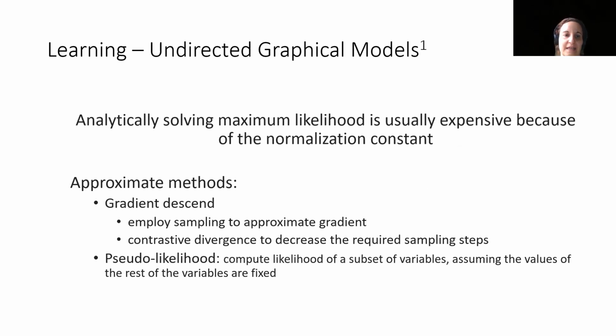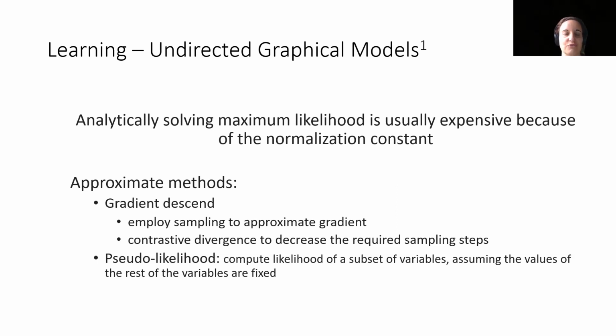And in the case of learning, this normalization constant cannot be ignored because it depends on our parameters theta. So we might resort to approximate methods like gradient descent, which is used in deep learning models, or a technique that's used quite a lot and is very effective, pseudo likelihood, where we compute the likelihood of a subset of variables, assuming the values of the rest of the variables are fixed.